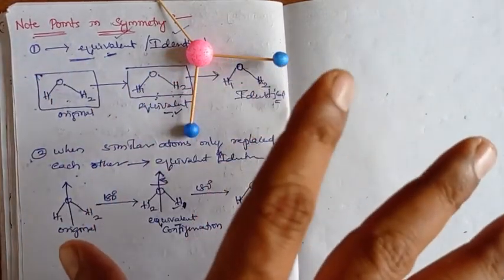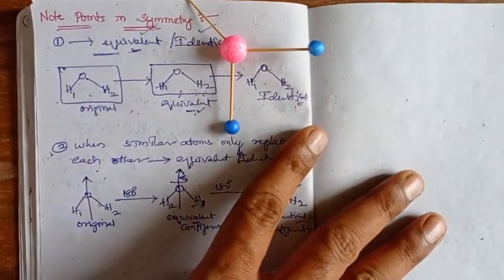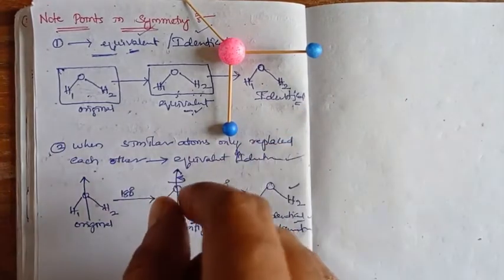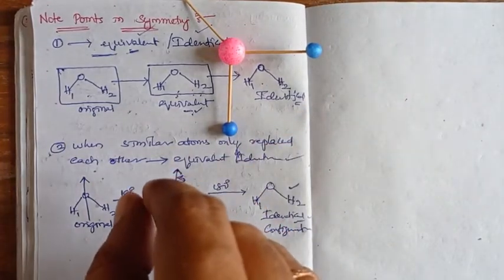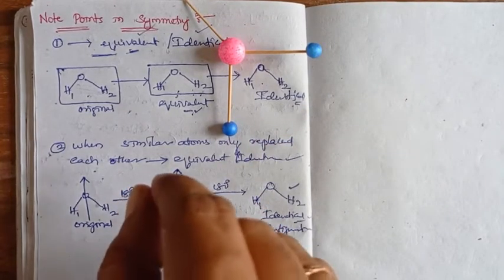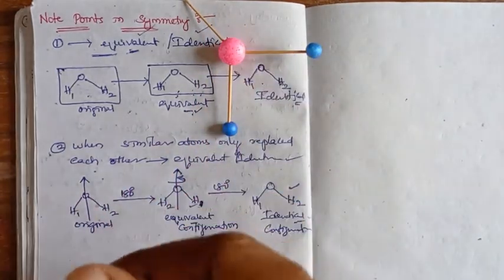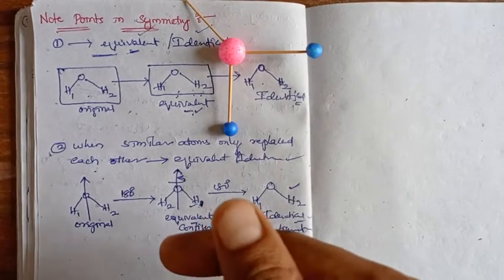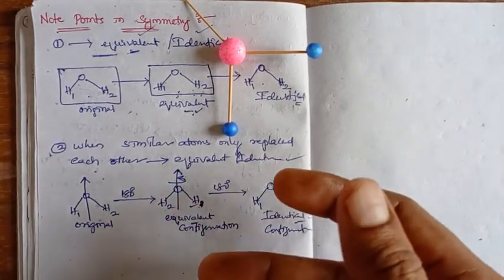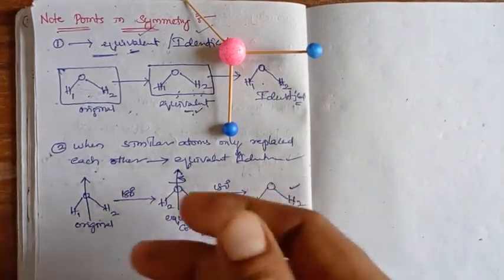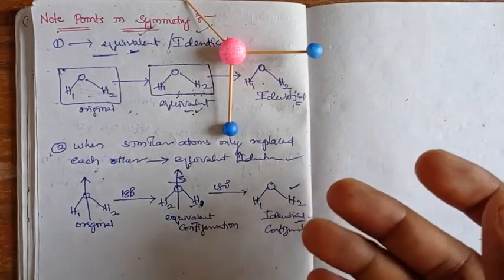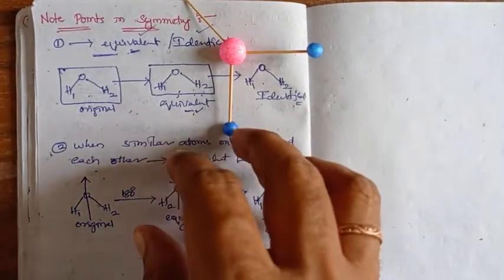This is a very important hint to get a proper analysis of symmetry in the molecule, so I am explaining it to you before going on to the symmetry elements and more about symmetry in molecules. Every time you have to remember this.